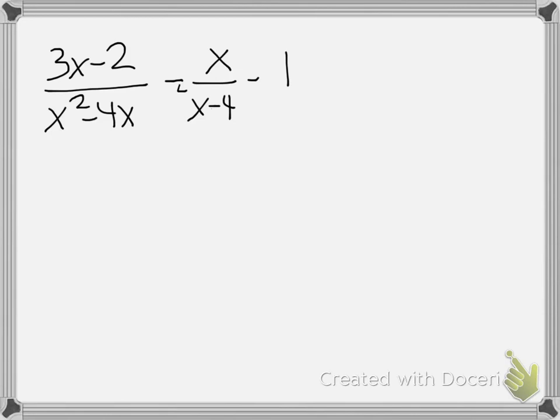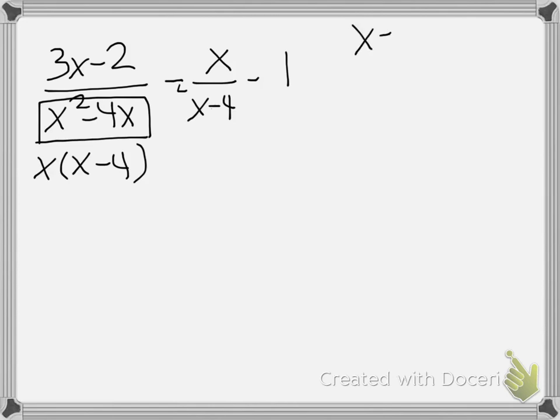Okay, first thing I'm going to do is factor this one, so I'm going to have x times x minus 4. Now, before I go into least common denominators, what can x not equal? Well, x cannot equal 0. x cannot equal 4. If I get one of those two answers, that is an extraneous answer.